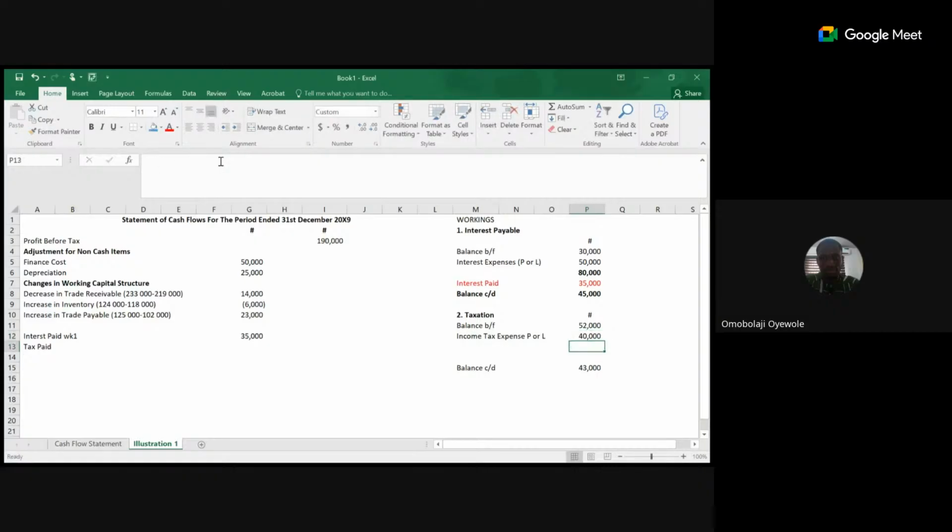So at the end of the day, if I sum this plus this, that will give me 92,000. So then my tax paid will now be this minus this. That's 49,000.